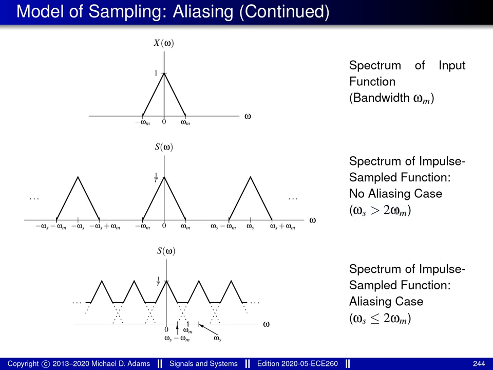So aliasing does not occur if this particular condition is satisfied, otherwise aliasing occurs. The condition of no aliasing essentially says that the sampling frequency must exceed twice the highest frequency component in the function being impulse sampled. So as long as a function is band limited and impulse sampled at a sufficiently high frequency, we can recover the function from its impulse sampled version.